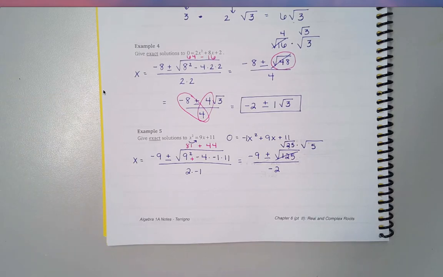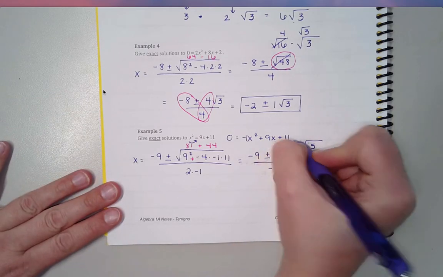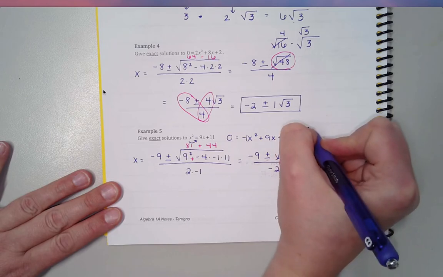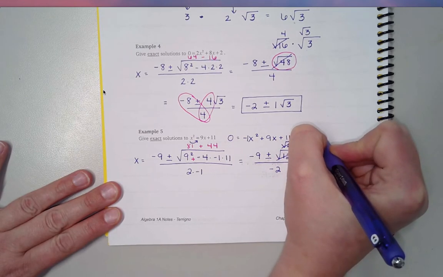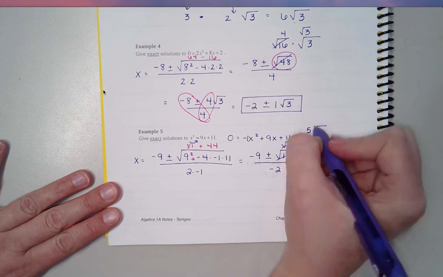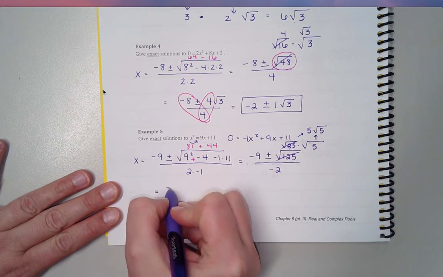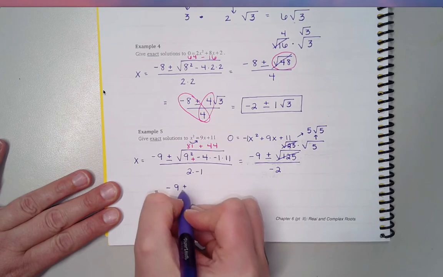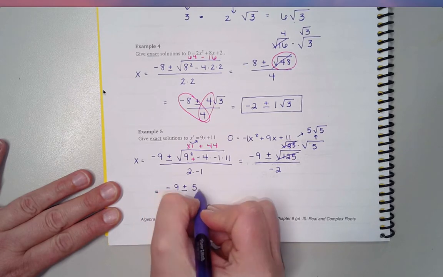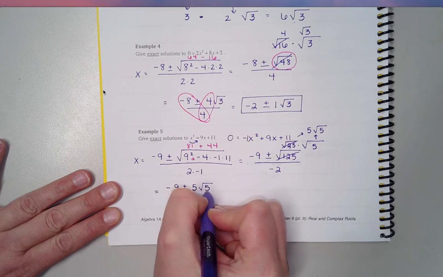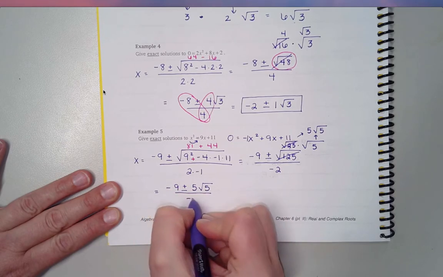Okay. That 25 can be crossed out and just turned into a regular 5, and then your square root of 5 just stays the same, stays a square root of 5. So when I rewrite, I end up with negative 9 plus or minus 5 square root of 5 over negative 2.